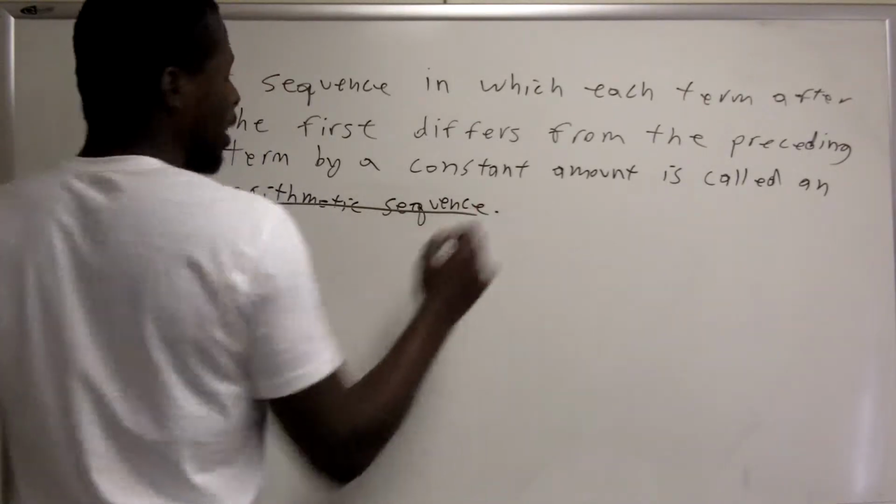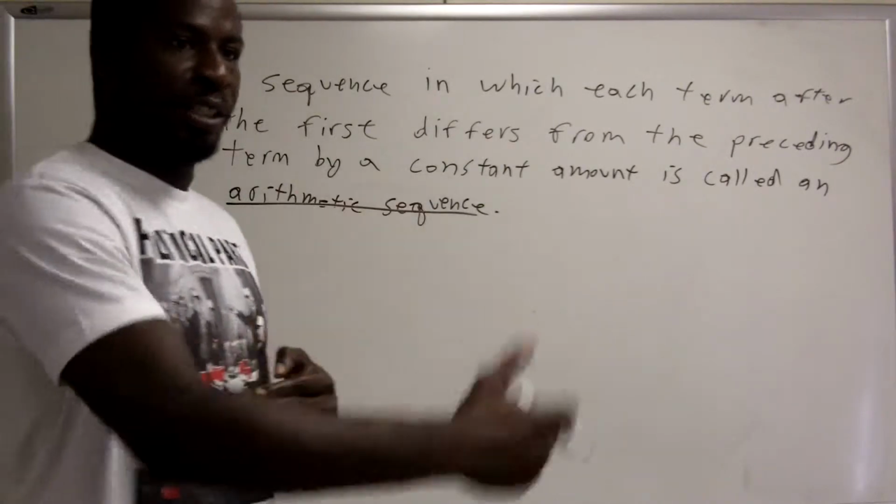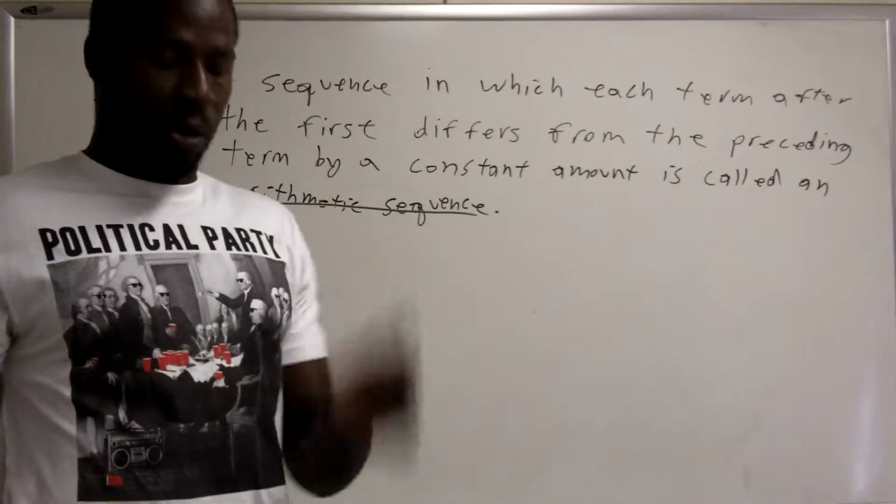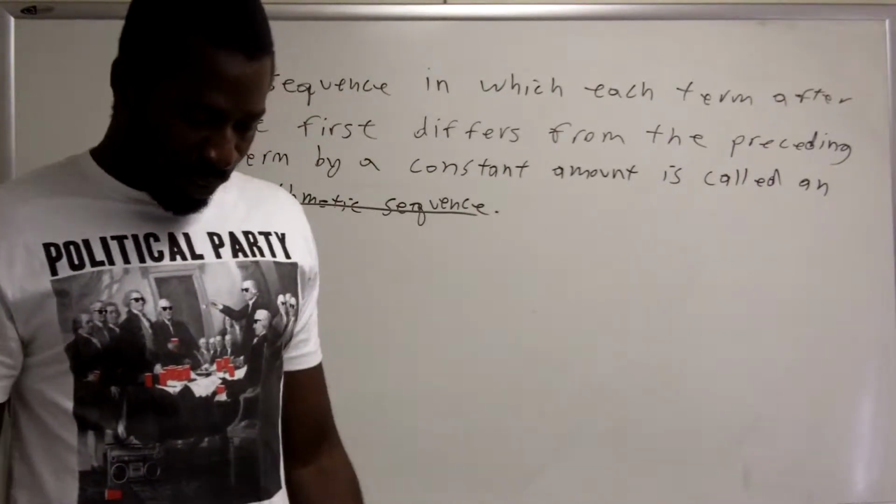So when we have a sequence and each number after the first number increments by a constant amount, we call that an arithmetic sequence.